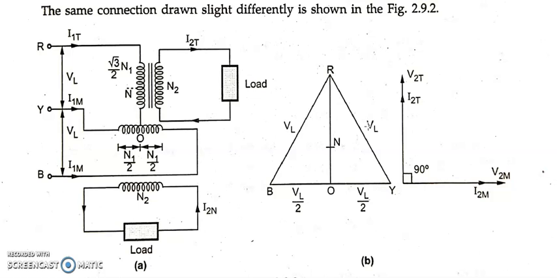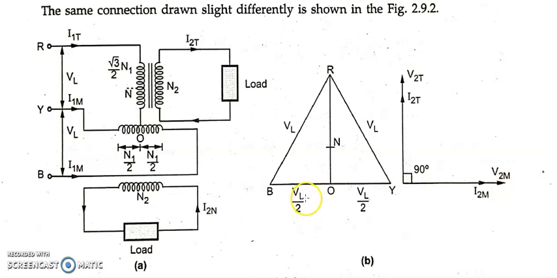Okay. So now coming to this RB as well as RY, how has this VL come into the picture? Very simple, just apply the Pythagoras theorem there. That is BR square is equal to OB square plus RO square. Let us say we don't know the BR value, since it is a question mark as of now. So OB square equals what? VL by 2 whole square. And RO is √3 by 2 VL, so it is √3 by 2 VL whole square.